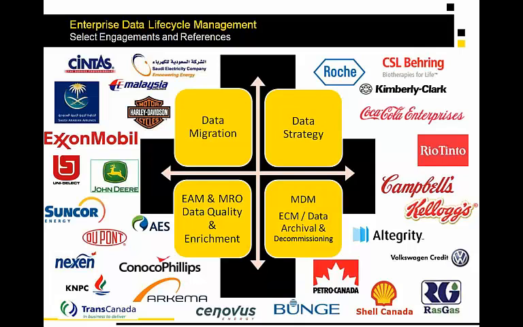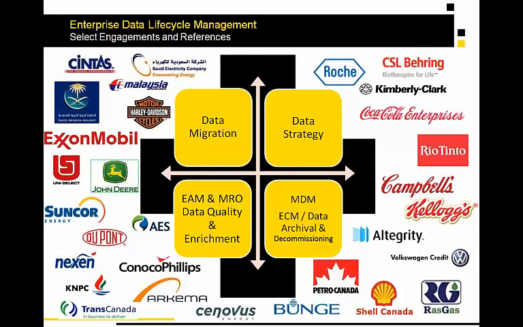Data strategy is more focused on optimized use of your asset information and your data at large, and looking at enterprise data lifecycle management best practices. Enterprise content management, archival, decommissioning, master data management at large is the scope of the lower right-hand quadrant, and the left-hand quadrant is enterprise asset management.